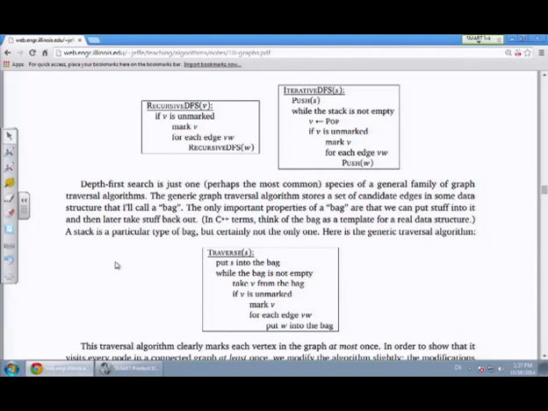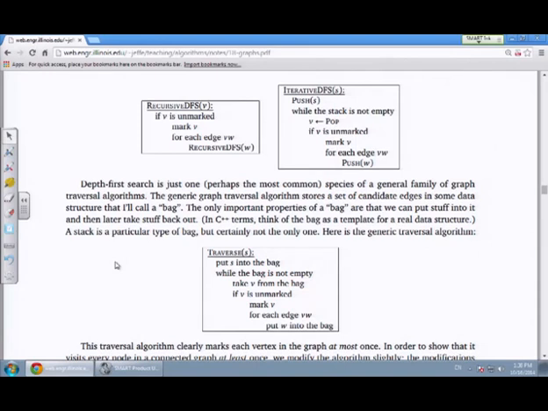If it's not, then I will do whatever it is I'm going to do with that node. But among other things, I mark the node. And then for all edges leaving that node, for all neighbors, I recursively search through those neighbors. Now, marking the vertices guarantees that I'm going to visit each vertex and actually do something at most once.